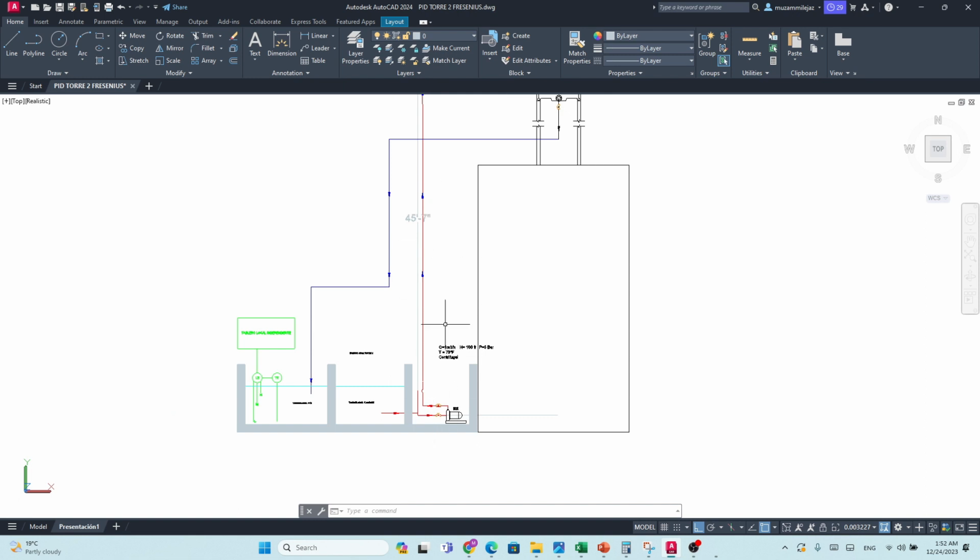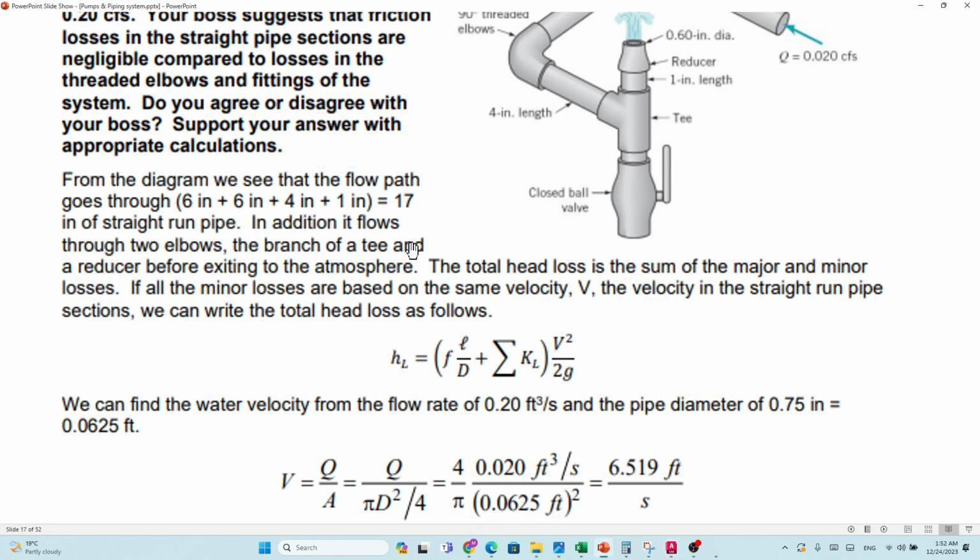Okay, so right now the pump has the capacity to lift 100 feet, but the static head already given is 45 feet. So the dynamic head you have to calculate. This is the dynamic loss, due to the length of the pipe and due to the fittings.